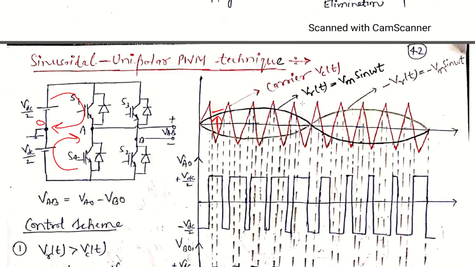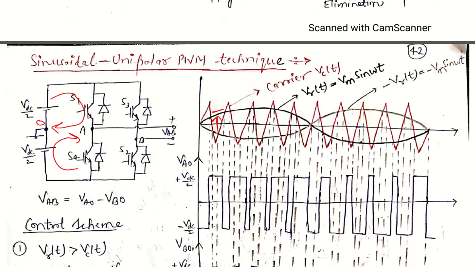So if we compare Vr less than Vc, this is the first part, and this is the intersection point at which Vr(t) is less than Vc(t). This is the positive Vc(t), and this is the positive Vr(t), which is lesser.